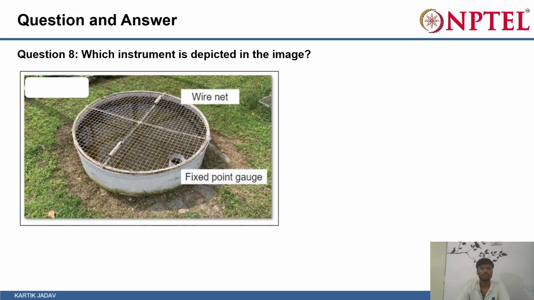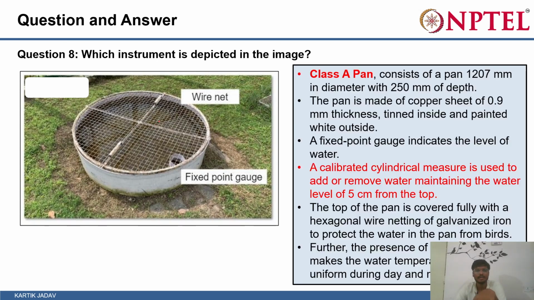Next, which instrument is depicted in the image? This is the pan evaporimeter, or class A pan, and its diameter is 1207 mm and its depth is about 250 mm, or 25 centimeters.